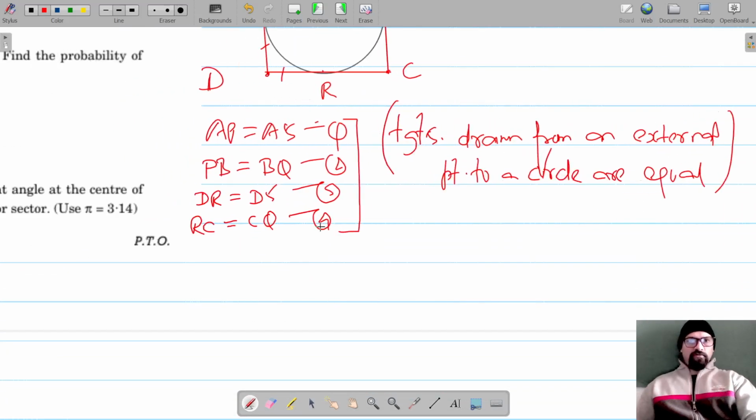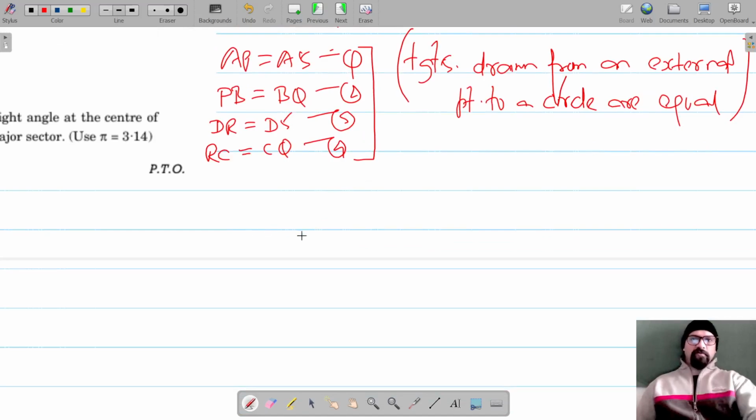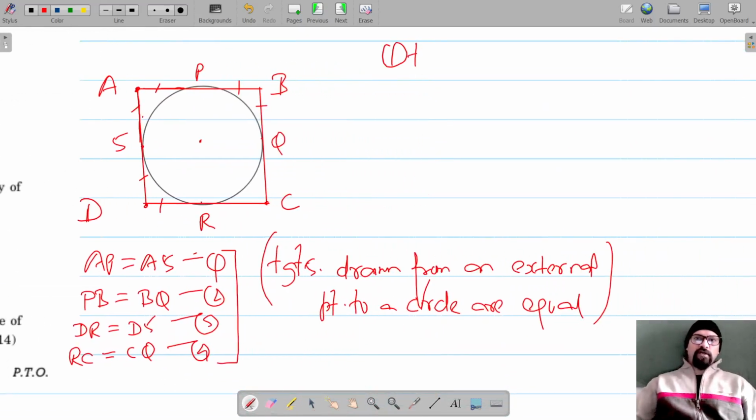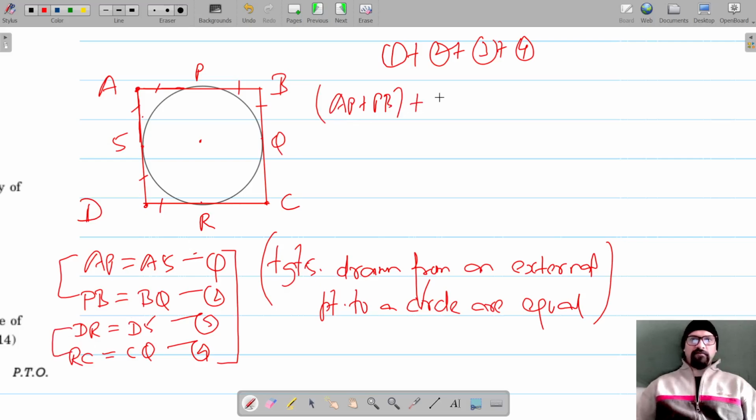Okay, and what I'm going to do now is add all these equations. So 1 plus 2 plus 3 plus 4 gives me AP plus PB. And I'm going to group this AP plus PB, and next is DR plus RC.